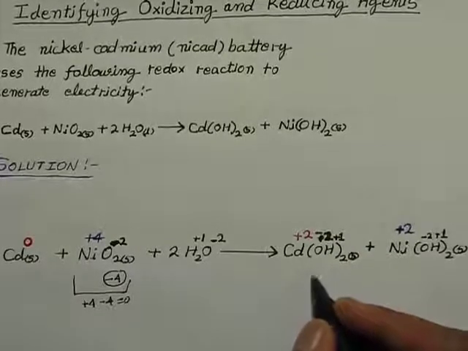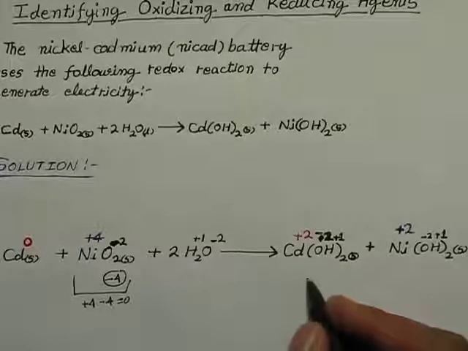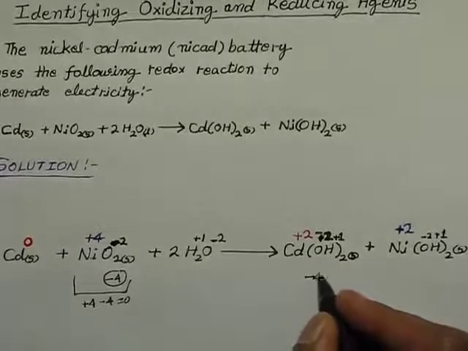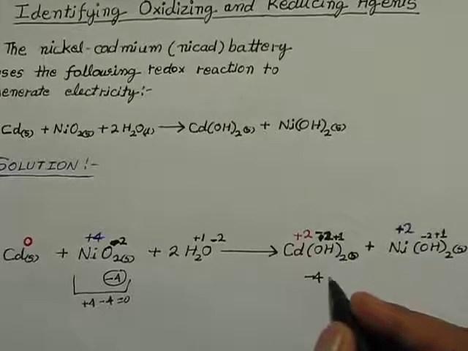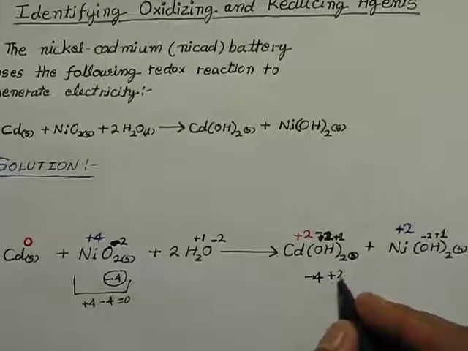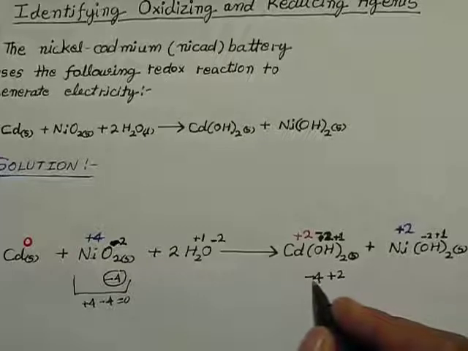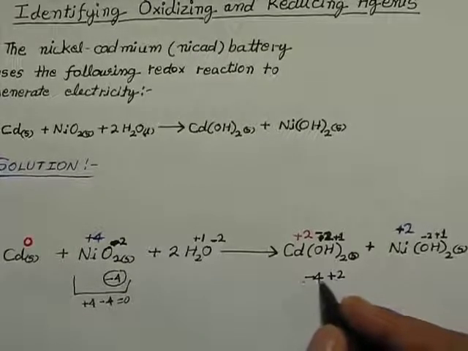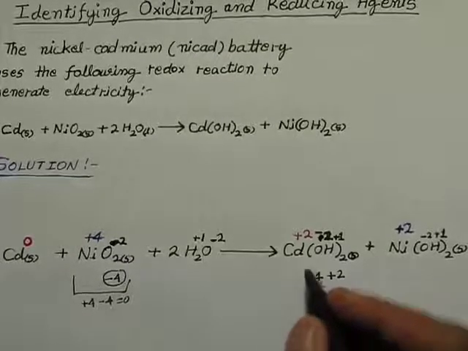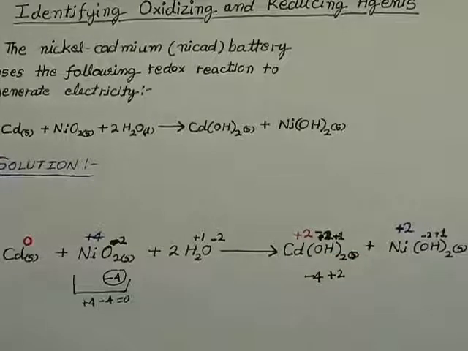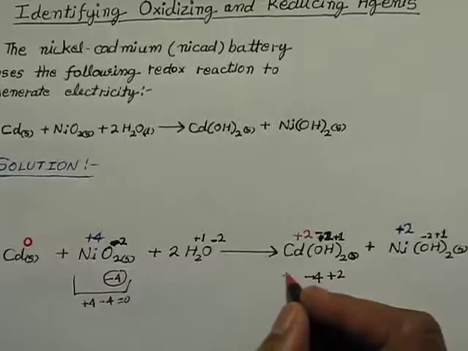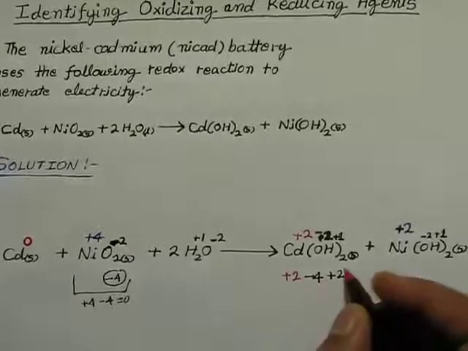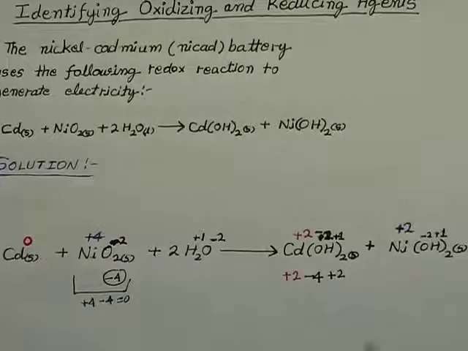There are 2 hydroxyl groups, so a total of -4 from oxygen, and the total hydrogen will be +2. So +2 and -4 are cancelled, you need +2 to balance the remainder, and if you add the total, this will be again 0.